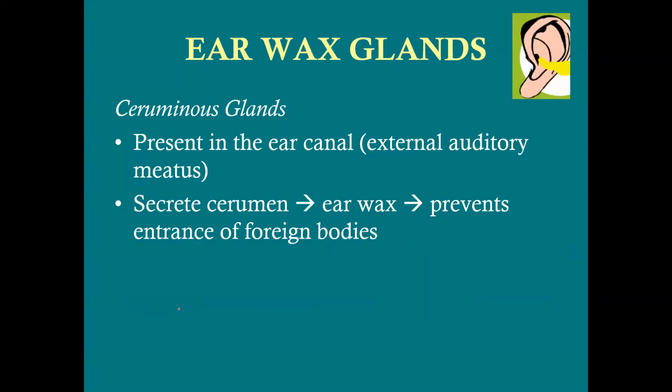Anyway, now, ceruminous glands. Remember, these are the ones that produce earwax. Most people, when they talk about earwax, say oh, earwax is so nasty. Some people, when they look at earwax, want to vomit. I'm like, what is earwax? It's a protective mechanism.